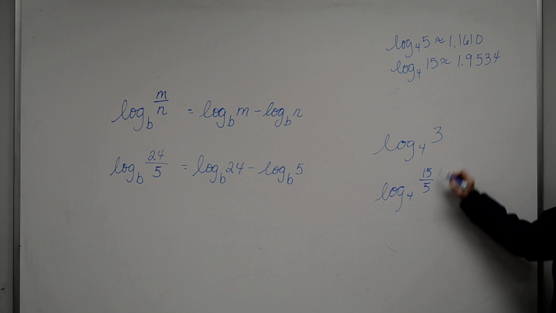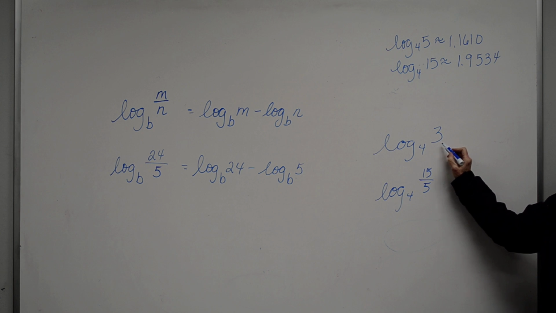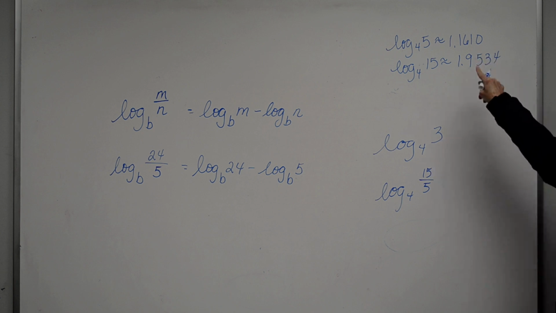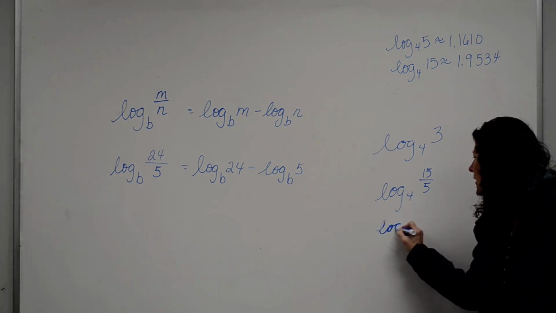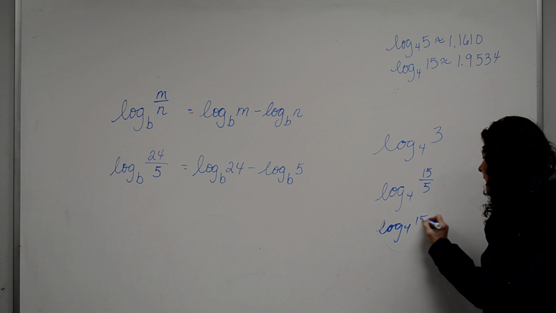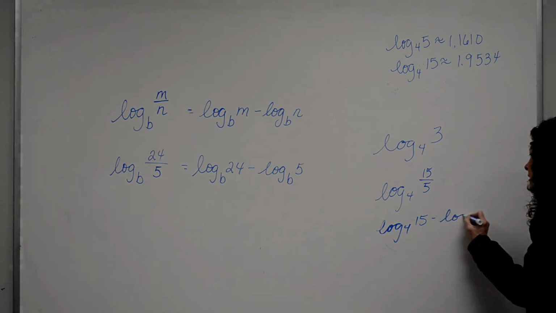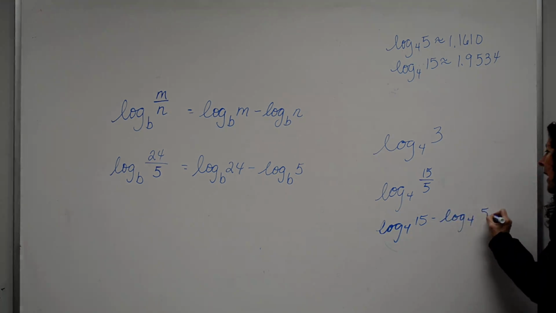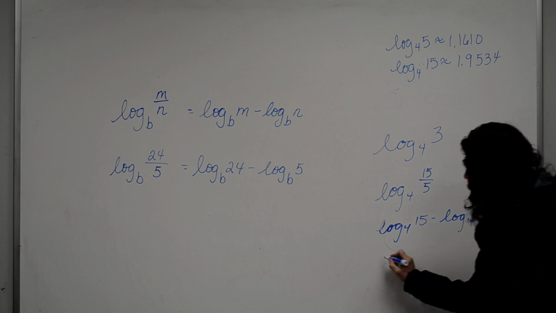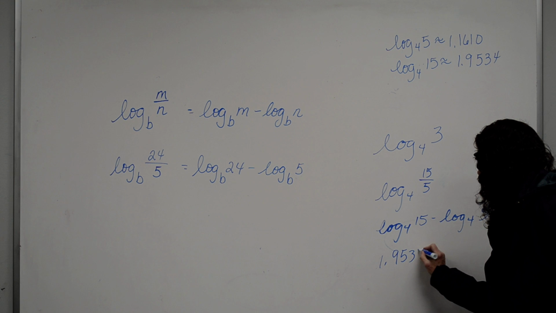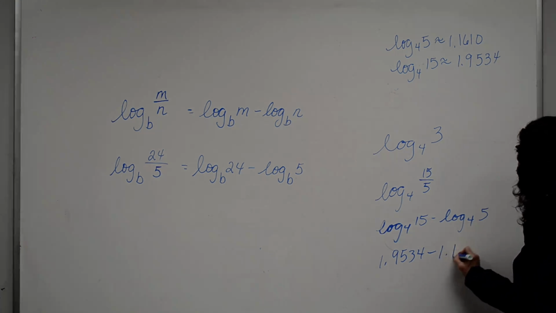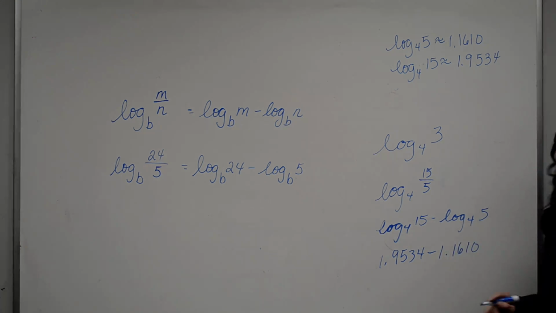Doesn't 15 divided by 5 equal 3? Now I can use these, because now I can write it as the log of base 4 of 15 minus the log of base 4 of 5. I can substitute 1.9534 minus 1.1610.